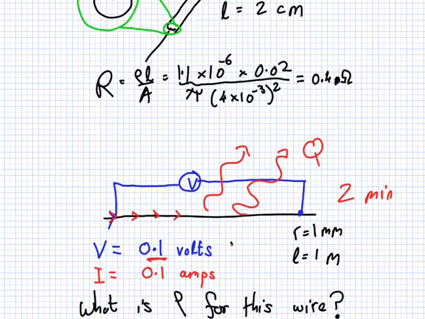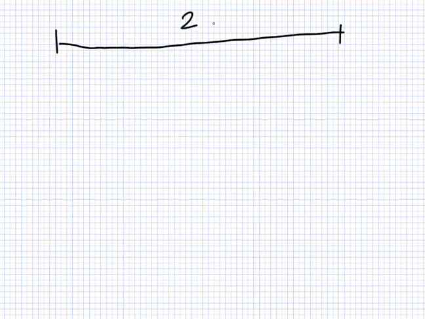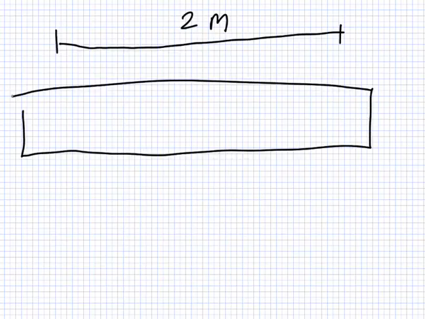So if you're doing it as an experiment, rather than having one value for V and one value for I, you do it many times and get different values for V and different values for I. Okay, so let's say here, this time we have 2 meters of the wire, and here's my table. Here is voltage in volts, and here is current in amps.